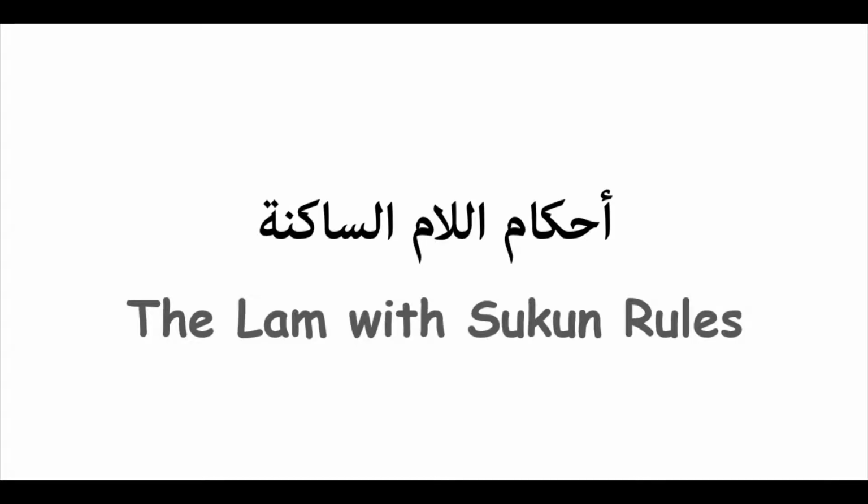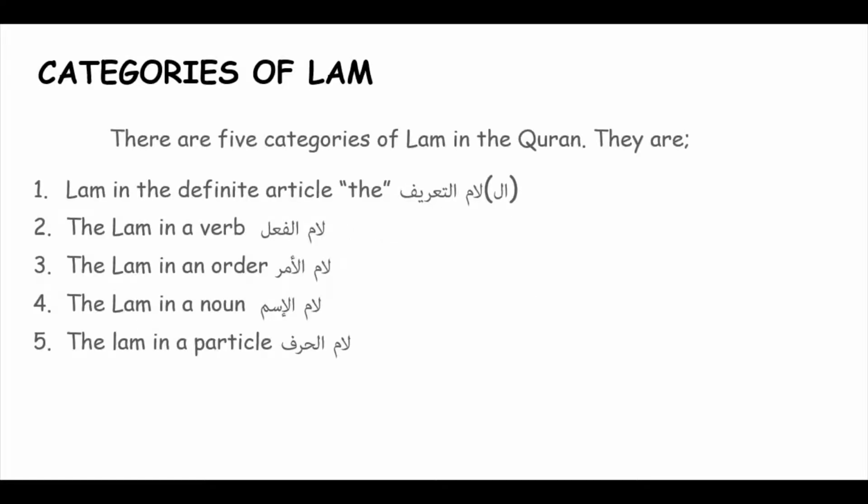Ahkamul lam as-sakina. The lam with sukun. The rules of lam with sukun. We have 5 categories of lam in the Quran, and they are lam al-tarifiyya, the lam in the definite article, the alif and lam that we usually see in the Quran.